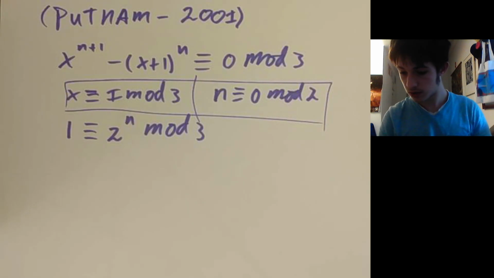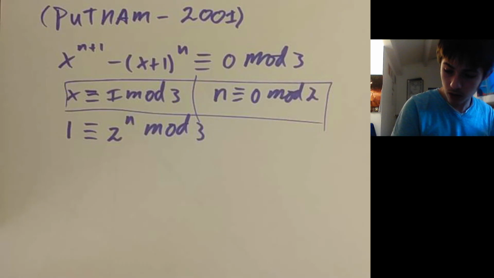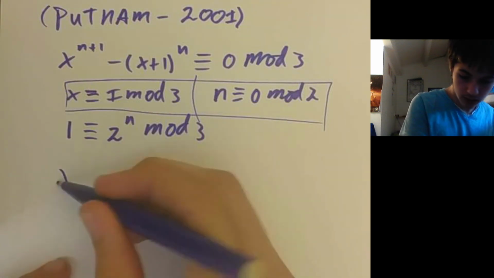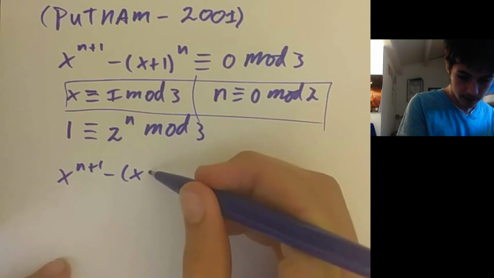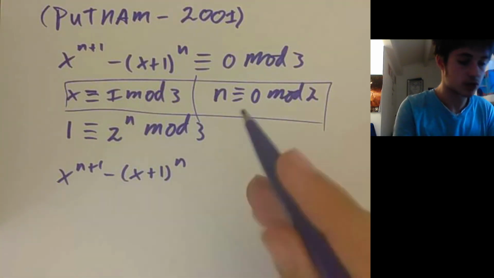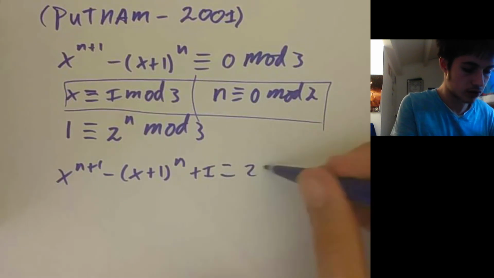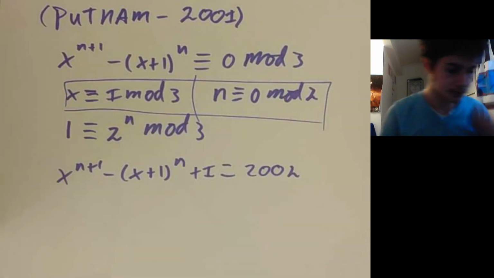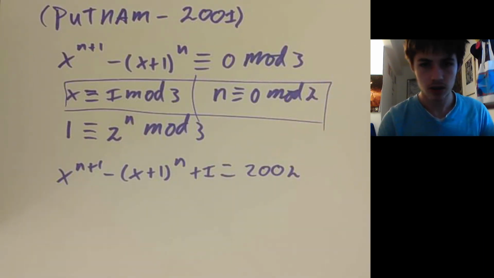Okay, now let's do some further analysis. Now I want to look at the following thing. So we have x^(n+1) - (x+1)^n. And well, this was 2001, but now we're going to add 1. This will be equal to 2002. But notice that this part will be divisible by x. There are different ways of seeing this.